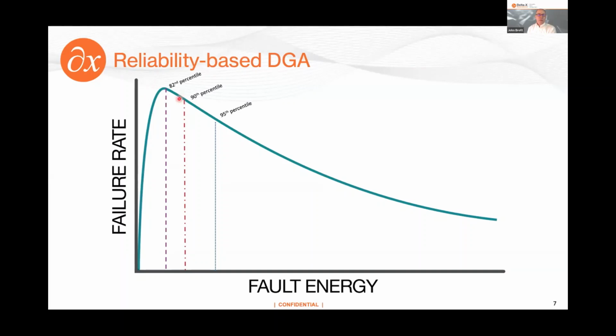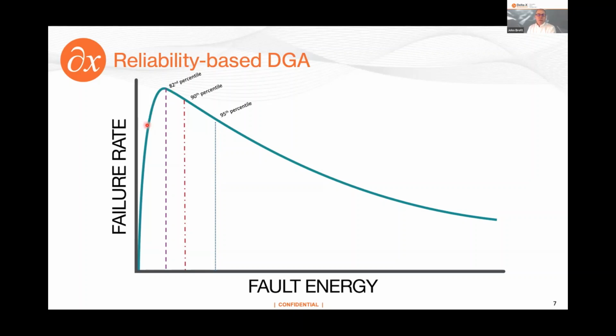Okay, and in fact, the peak, as you can see here, occurs at about the 82nd percentile. So, should we just simply move the alarms back to raise the alarm at the 82nd percentile, or even before that? Well, I think we can do better than that.